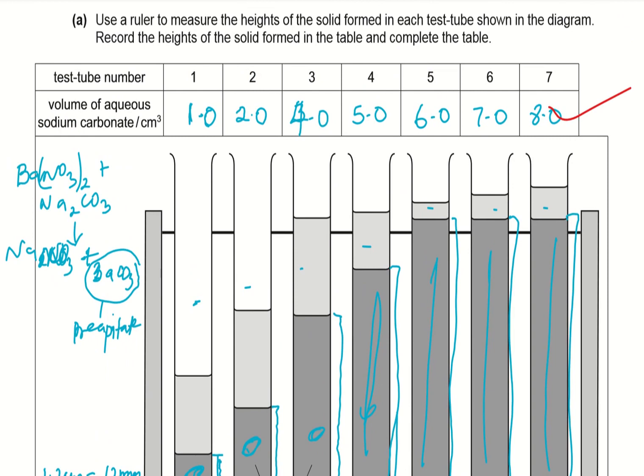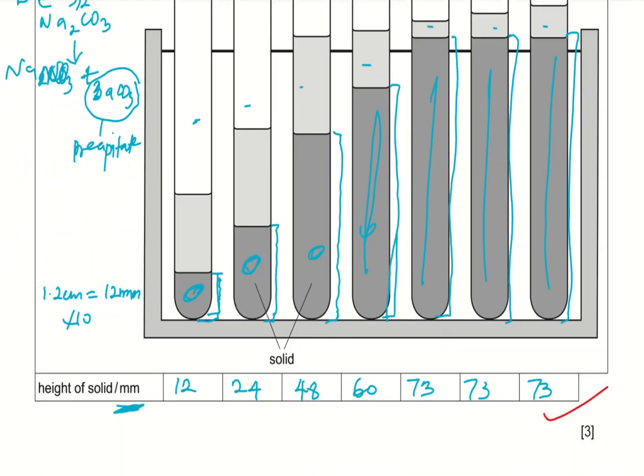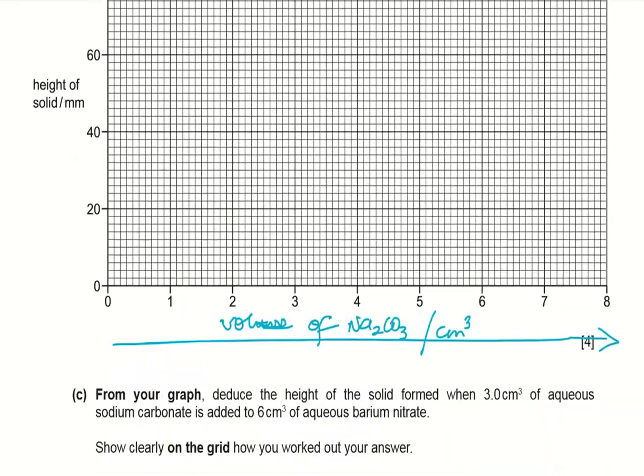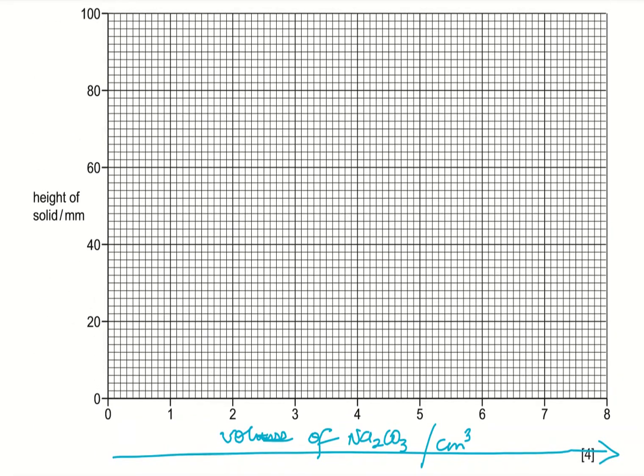For when 1 centimeter cube of sodium carbonate was added, we have the height is 12. So you go back to your graph. When 1 was added, you have 12. Now look at the graph here. Each of the tiny boxes represents what?